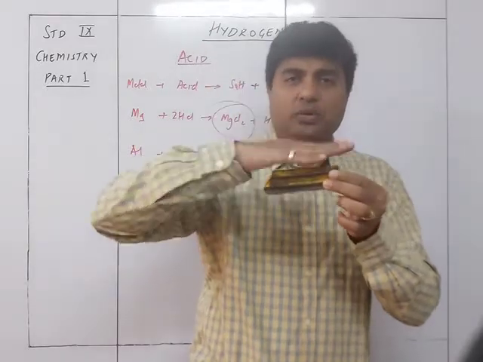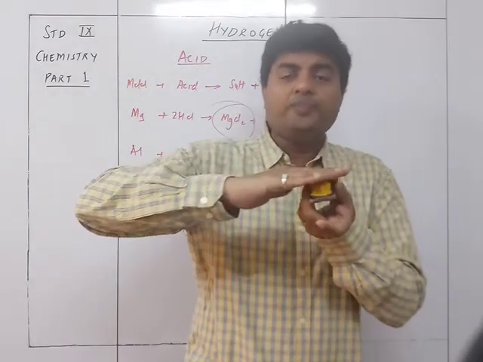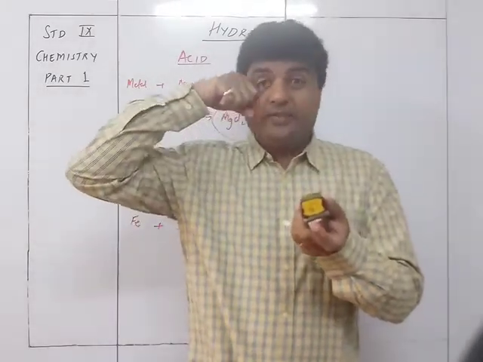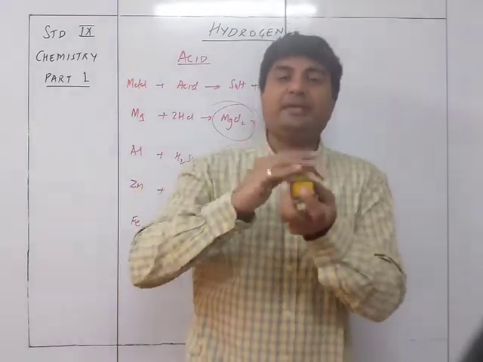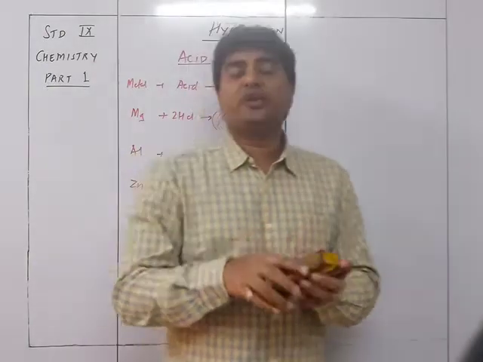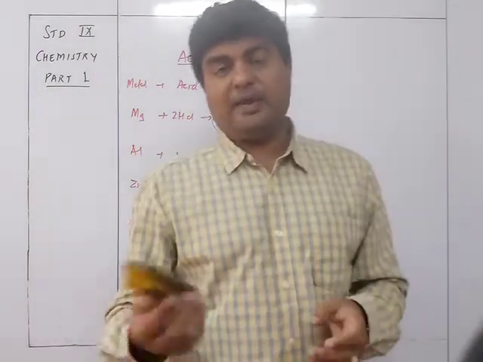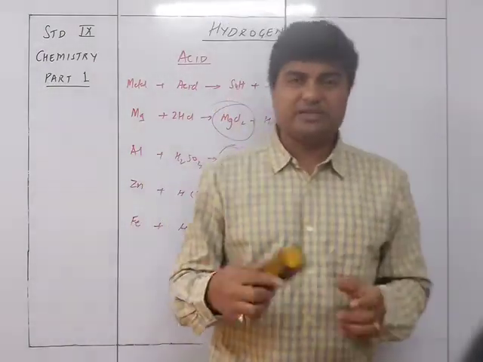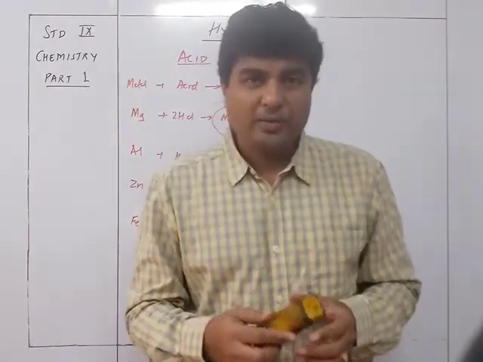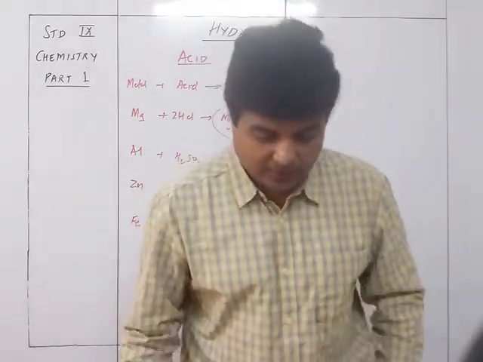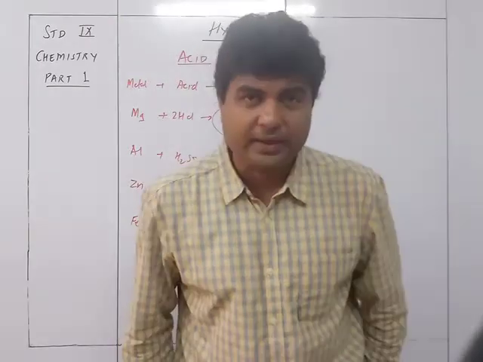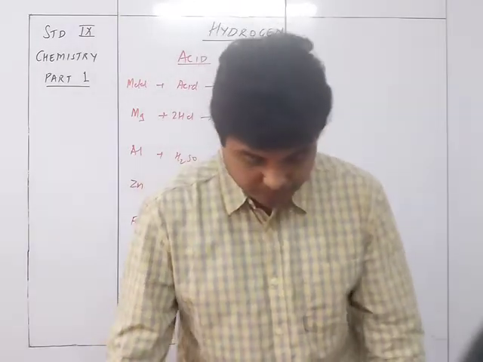That's why it is called passivity. A coating is generated which makes the lead passive, and it will not allow further reaction of the metal with the acids. That's why we cannot use lead, because it forms a hard, insoluble coating on top of the lead.